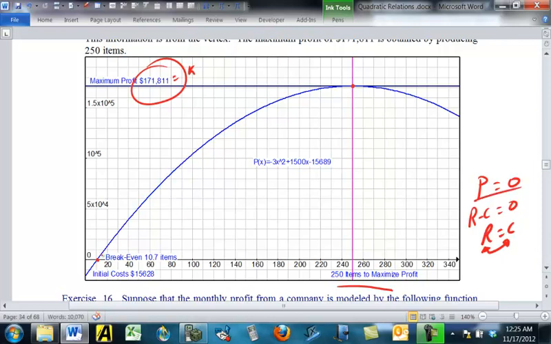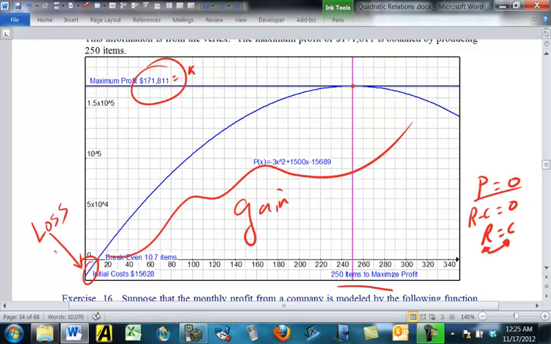So over here where you've got a positive profit, this is a gain. And when you have a negative profit in there, that's a loss. And typically you have some startup costs, which are the opposite of that. These initial costs are fixed cost, and you're charged a certain amount there regardless of how much you make.